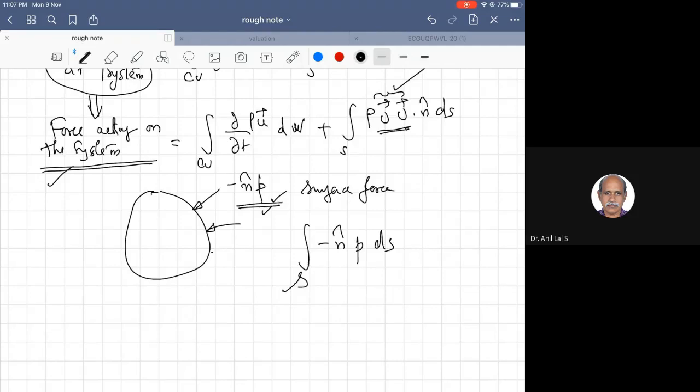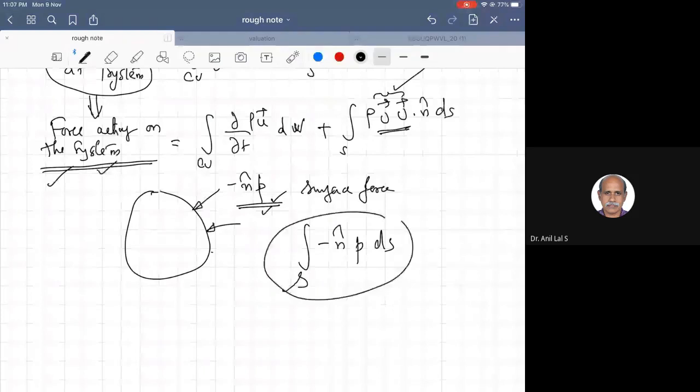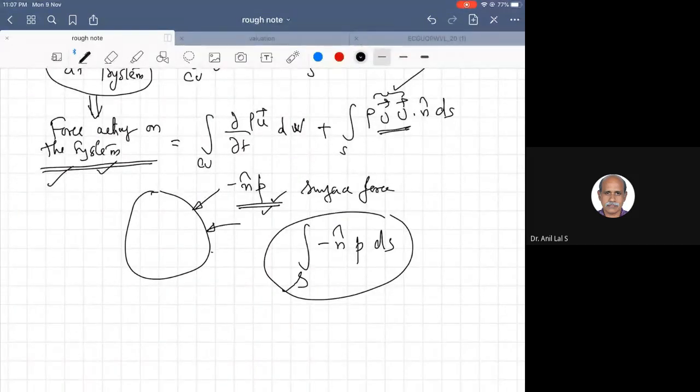If we take this force alone, the resulting equation is called the Euler equation.